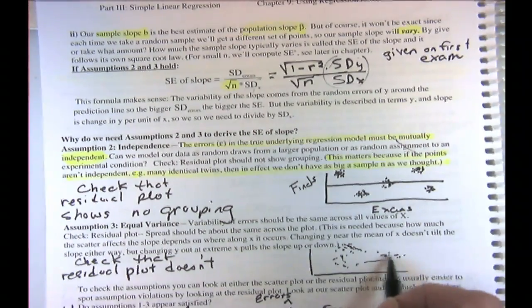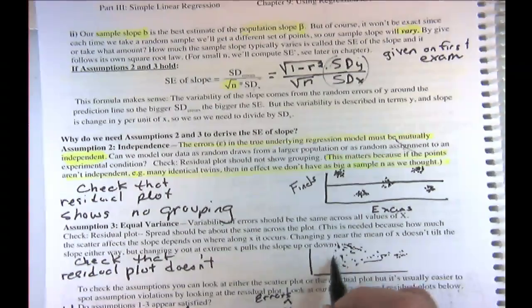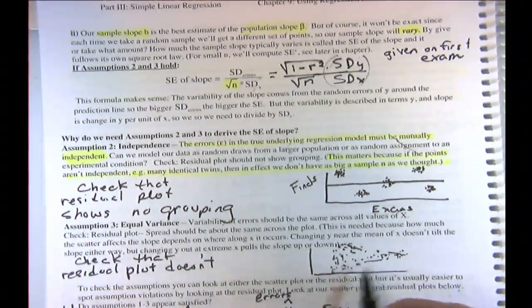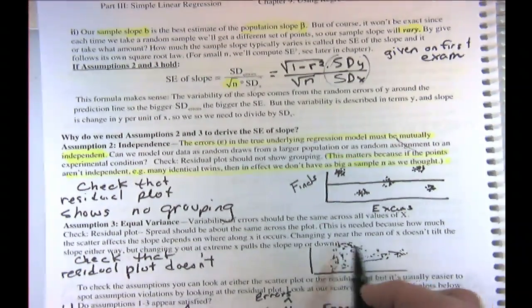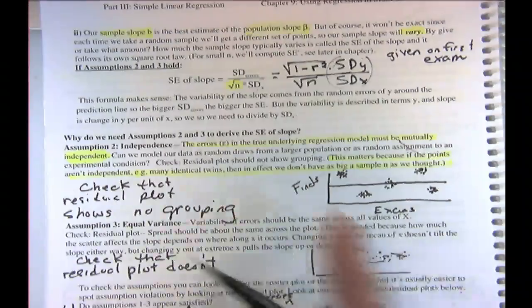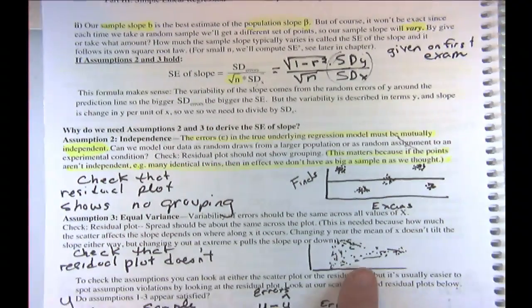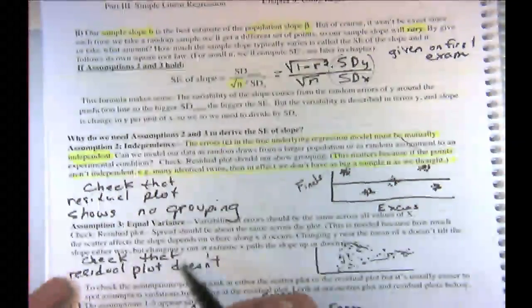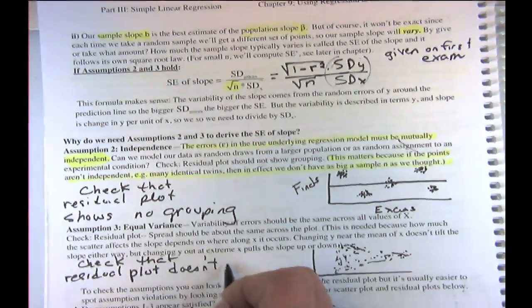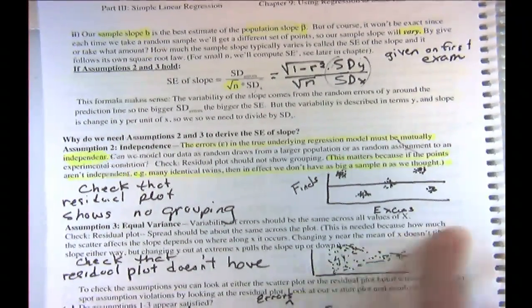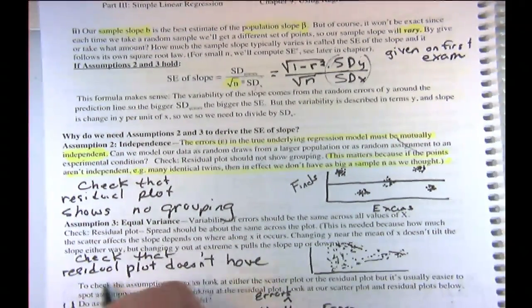Like people usually do really well, but people who really bomb the first one have a lot of variability. So that's a fan-shaped pattern, right? And we can't use this formula if it's like this. We have to do another adjustment, which we'll talk about later on. But check that the residual plot doesn't have a fan-shaped pattern, or you could have the fan the other way, doesn't have a fan-like pattern.